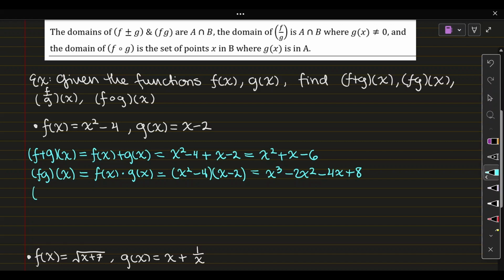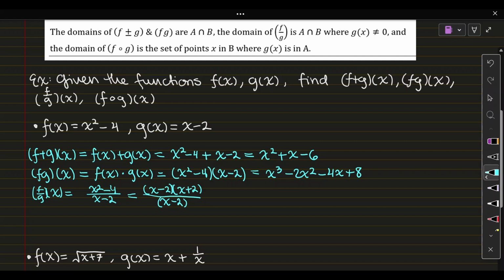Great. F over g of x is just f of x over g of x. So that's x squared minus 4 over x minus 2. I would be okay with that, but we can do a little more work because x squared minus 4 is a difference of squares. So this is x minus 2 times x plus 2 over x minus 2.